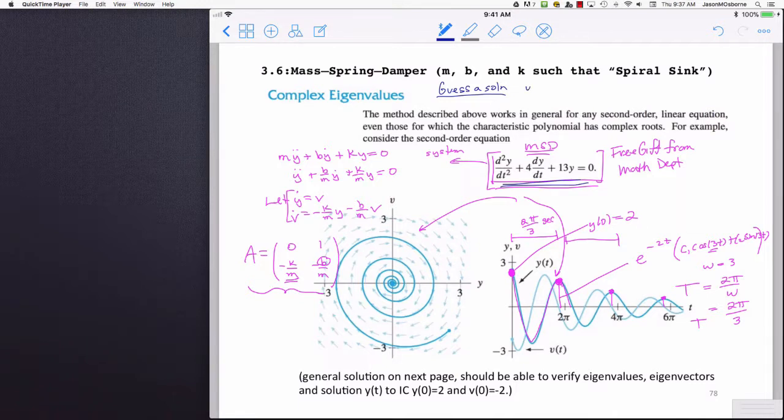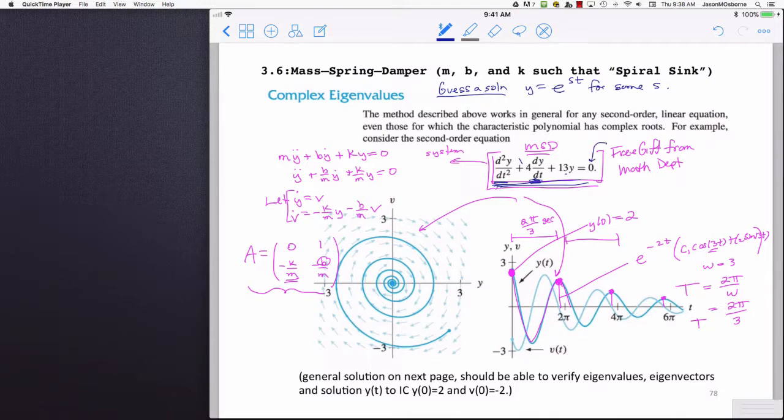So your guess for a solution is going to be e to the st for some values of s. This is a good guess because when you take derivatives of the exponential, it is itself. So you have a chance that every term in the differential equation will cancel out and give 0.